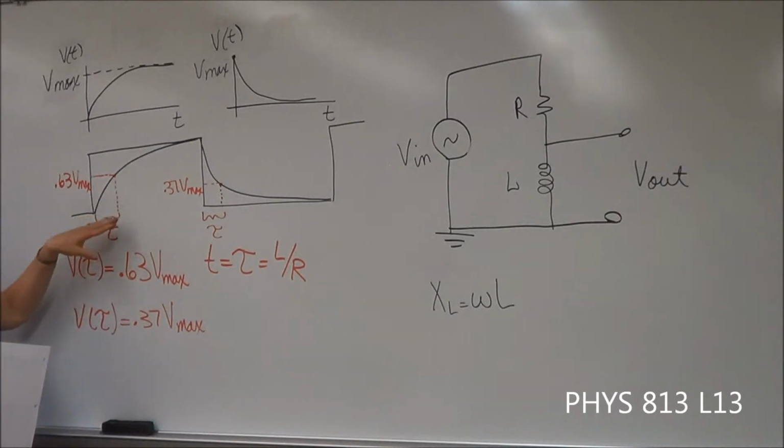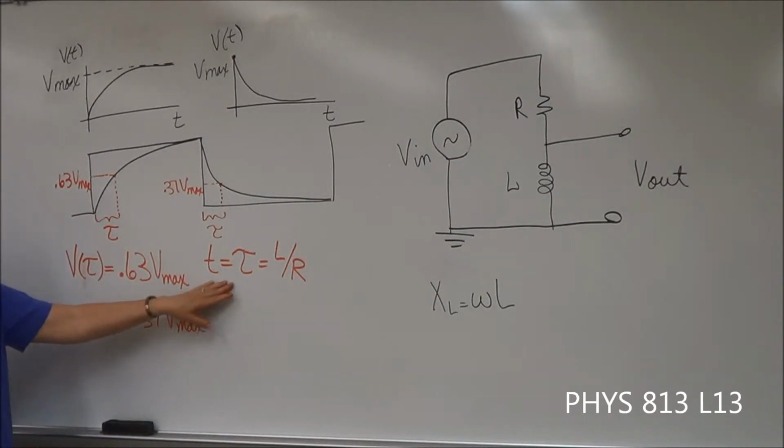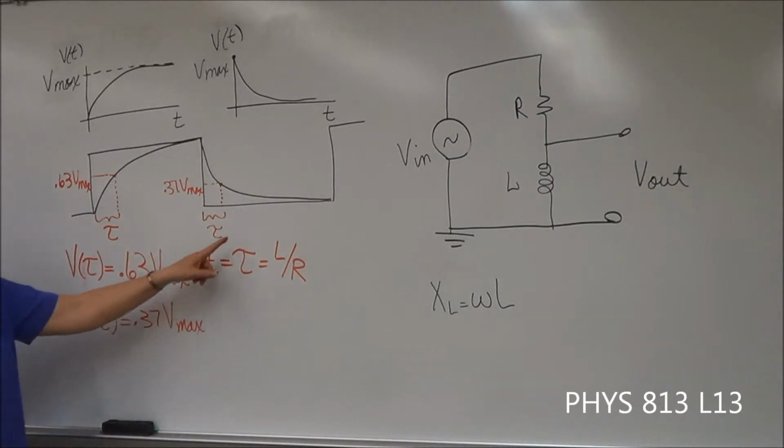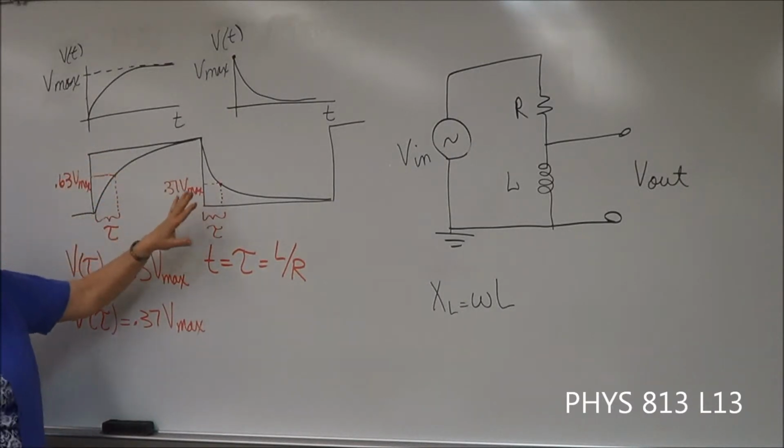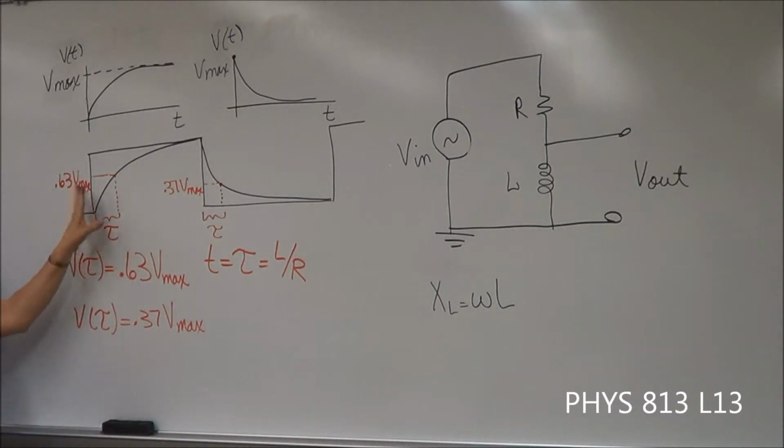So what we're going to look at here is the similarities. The time constant for an RL circuit is L over R. Remember, with the capacitor it was R times C, but here it's the quotient. And you can do the same sort of things if you have the proper time constant or the proper frequency here. And I actually sort of obtained one of these, but it didn't look exactly quite like this, and so I didn't get very good results.